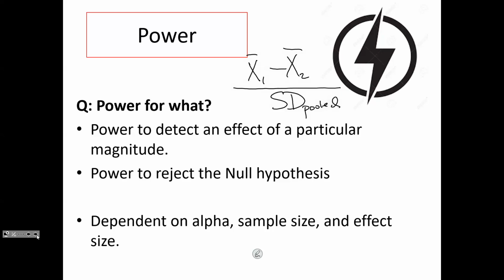So the smaller the pooled standard deviation, the bigger the effect size is, holding constant the mean difference. So there are two ways to get a big effect size. One is to have a really big difference between the means, and in that case, even with a pretty big pooled standard deviation, you're going to get a big effect size. And the other is maybe there's a small difference between the means, but the pooled within group standard deviation is small.